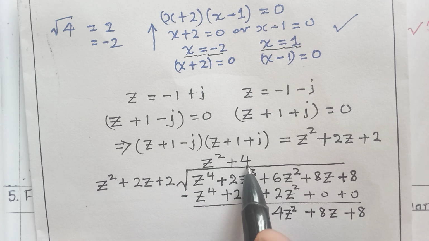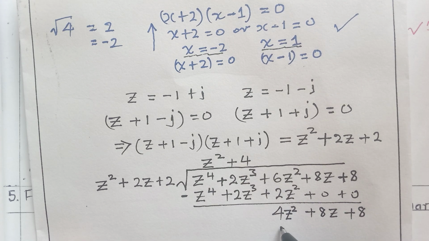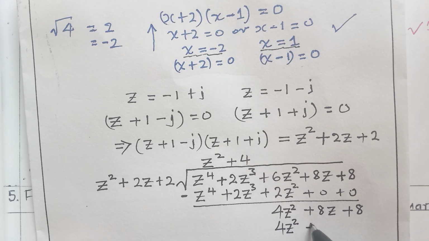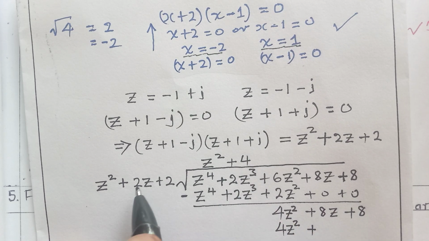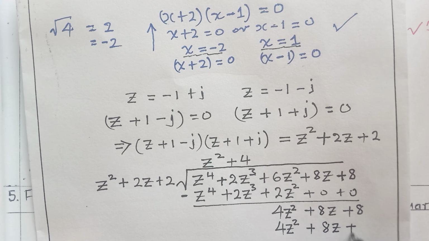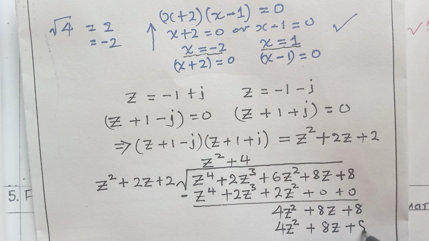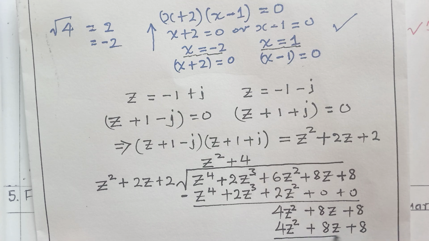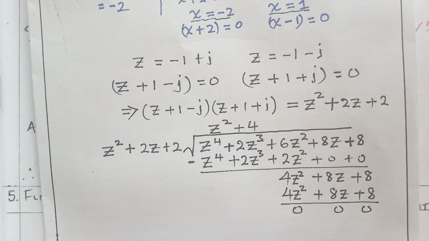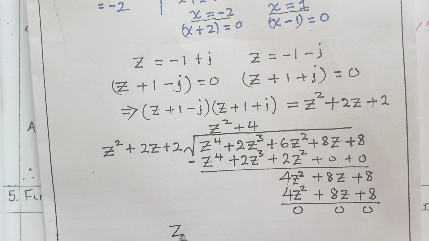So you multiply 4 by that, you get here 4z squared plus 4 multiplied by 2, 8z, plus 4 multiplied by 2 is 8. So now our remainder is going to be 0, guys. And so the other factor we have is z squared plus 4.